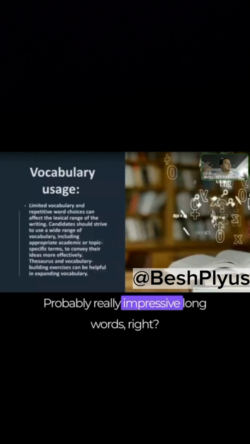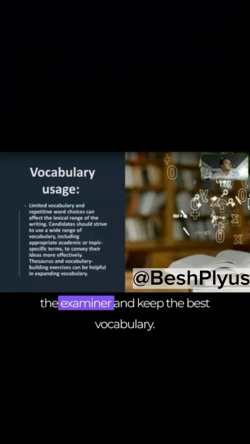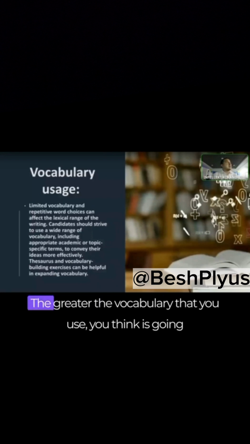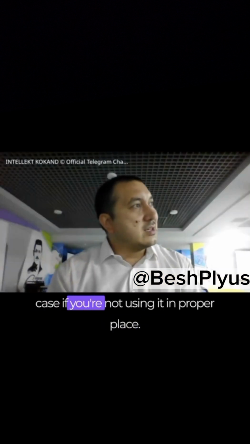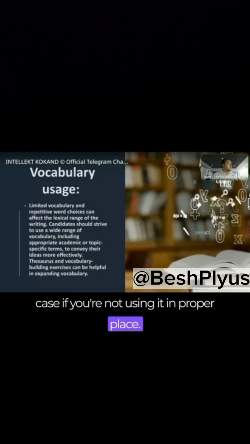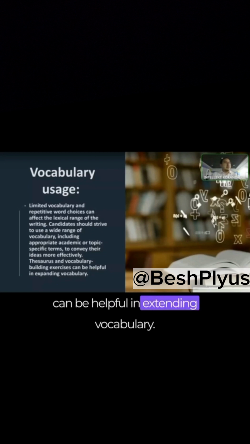Probably really impressive long words, right? When you're writing an essay, you want to impress the examiner and use the best vocabulary. You think the greater the vocabulary you use, the higher you'll score in the real IELTS. But it's not always the case if you're not using it in its proper place. Thesaurus and vocabulary building exercises can be helpful in expanding vocabulary.